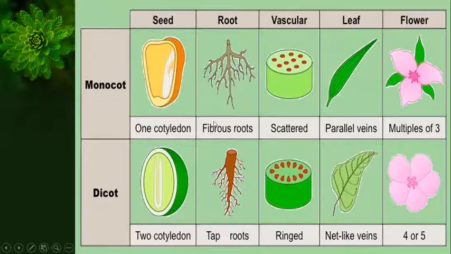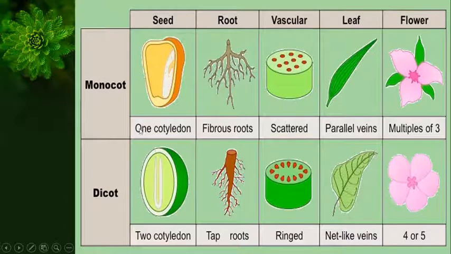In this table, we compare and contrast the monocot group with the dicot group. The monocot, mono means single, cot means seed leaf, so they have a single cotyledon.